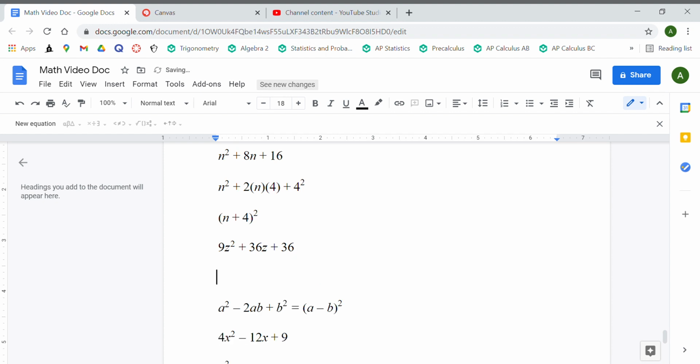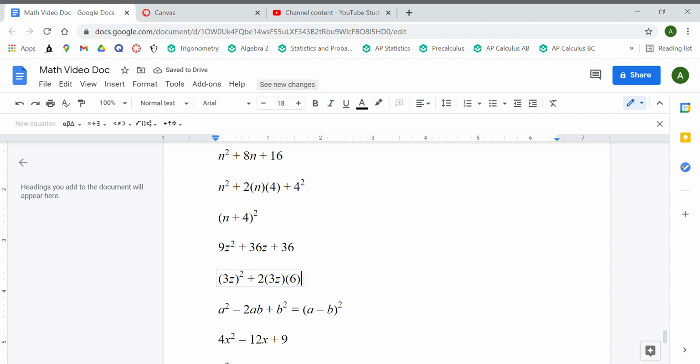So we can rewrite this as 3z squared plus 2 times 3z times 6, alright, and then 6 squared. And then this simply factors into 3z plus 6 squared.